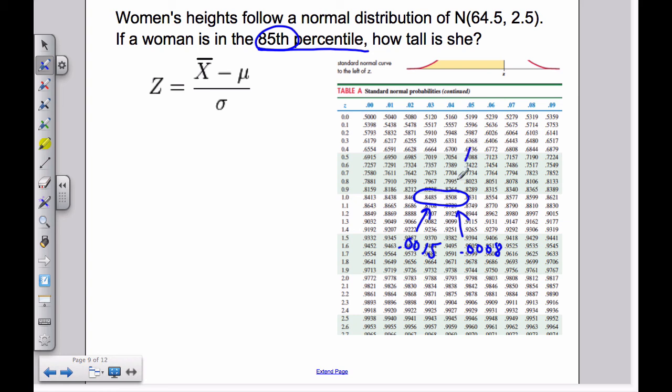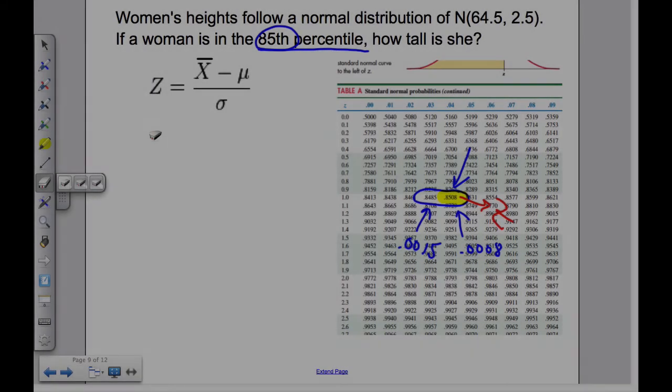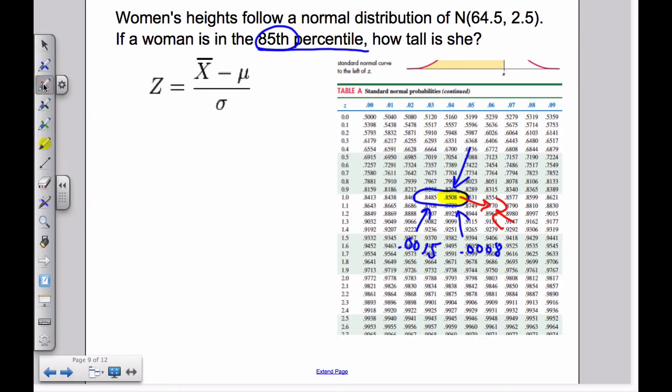So this answer right here, the 8508, is my best solution. That is my answer that is closest to the 85th percentile. So that's the number I'm going to work with. What I am looking for is to work backwards. 0.8508 is my closest, so I work backwards: 1.0 and then follow this up to 0.04.